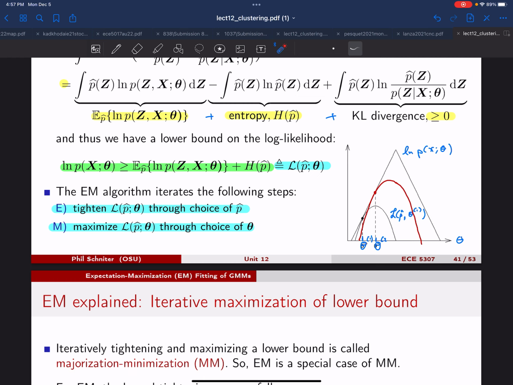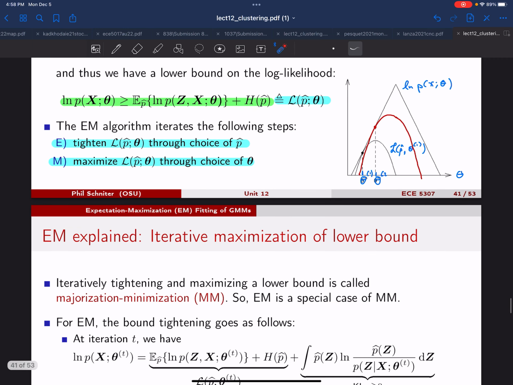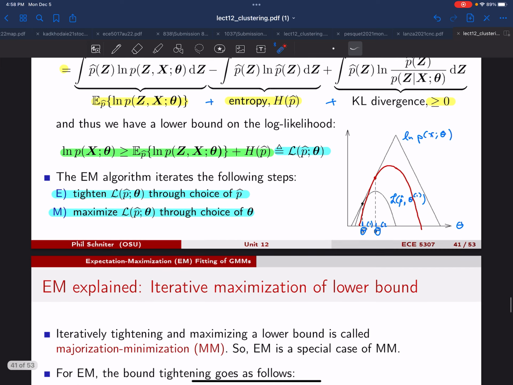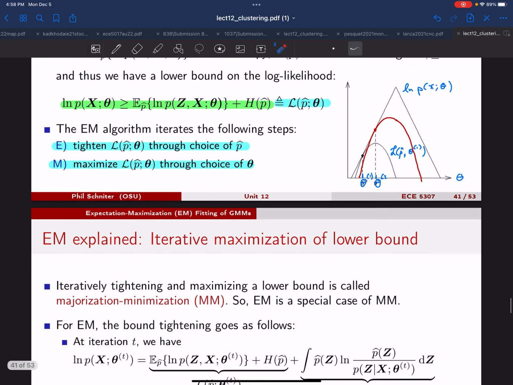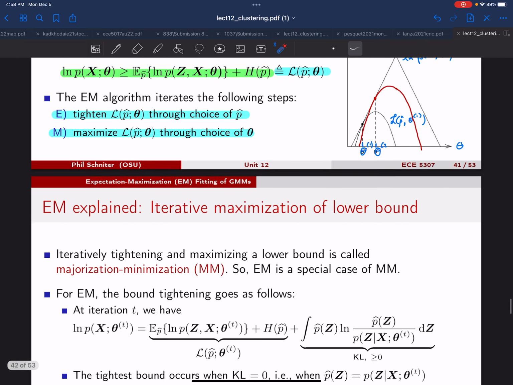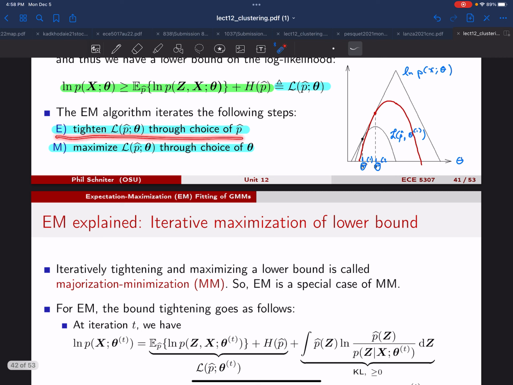And majorization minimization has a lot of applications, and EM, you could just say, is one special case of it. It's just one application of MM. Okay, so in this special case, how exactly do we do the bound tightening? How do we do the E step?